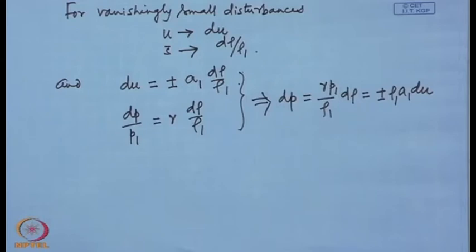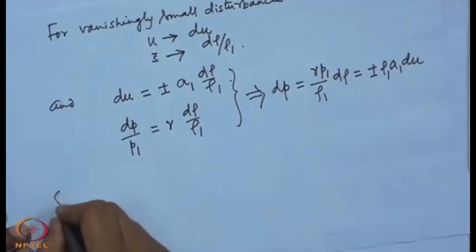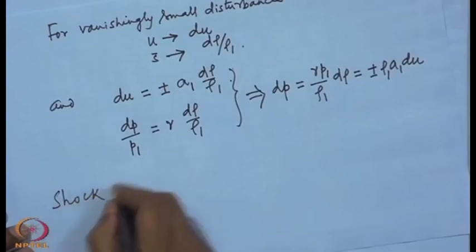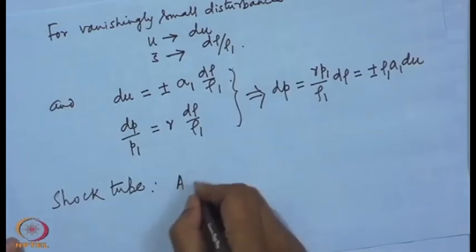Now, the shock tube is a very simple device consisting of a tube that is divided into two parts by a membrane or a diaphragm, in which pressures are different.